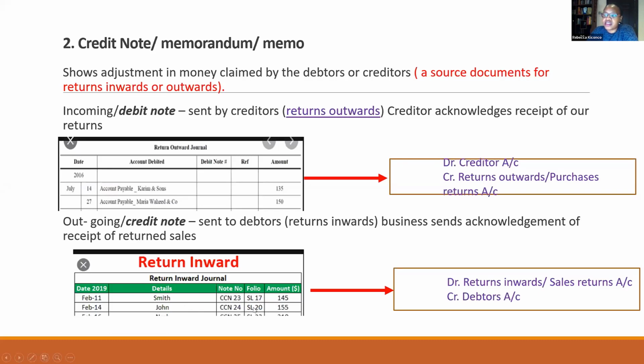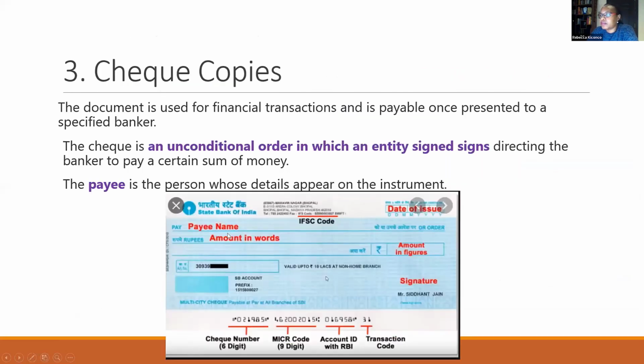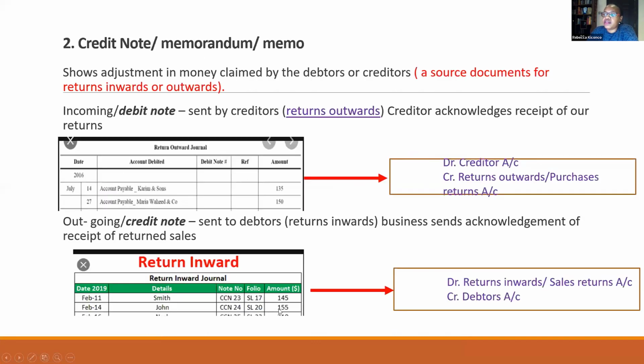The reference is sales ledger page 20. And John has returned goods worth $155. Okay, are we together? Shafiq, are we together? Yes, madam. Okay.